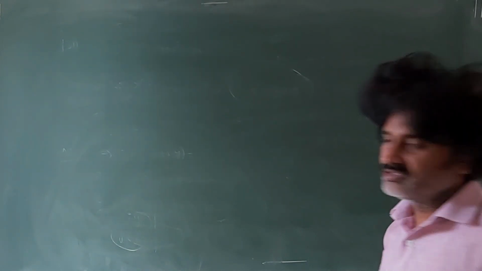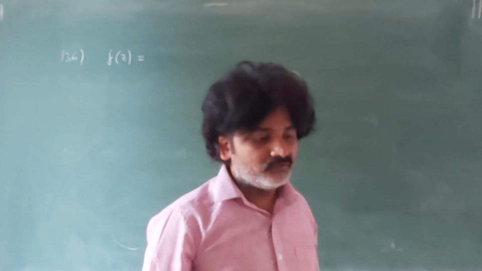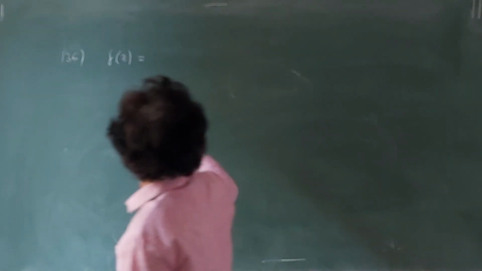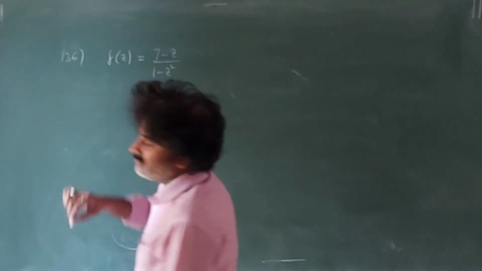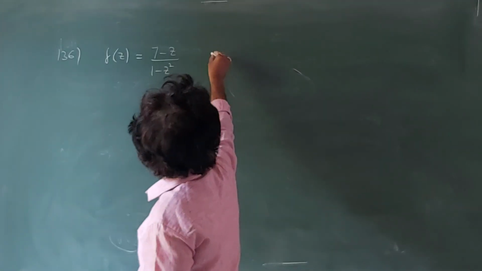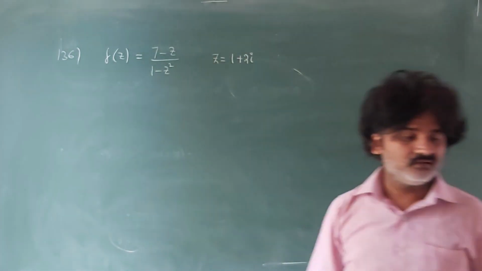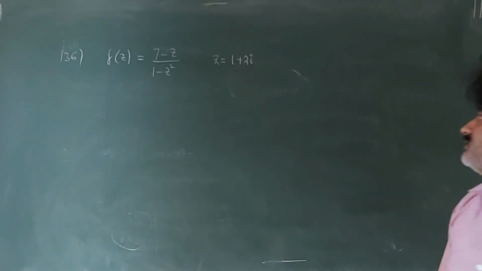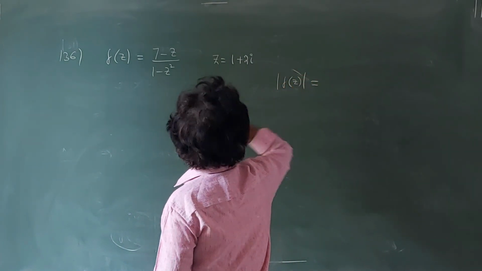Okay. Next. Problem number 136. See, a little simplification only here. F of z is equal to a function in the complex number given like this: 7 minus z by denominator 1 minus z square, where z is equal to 1 plus 2i. Then the question is, what is the modulus of f of z?